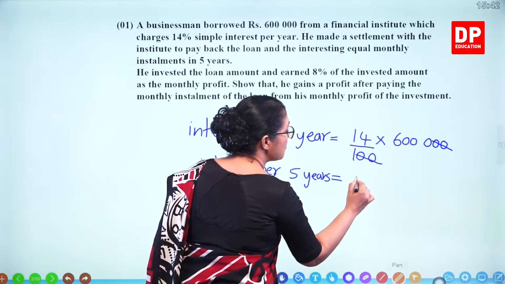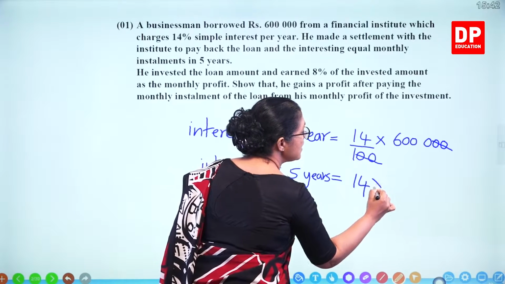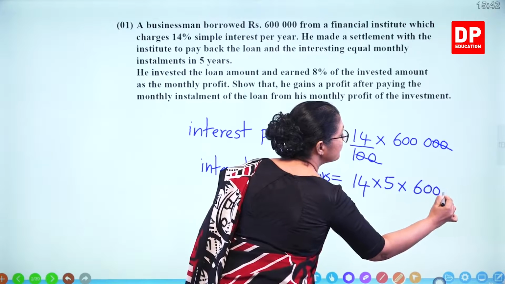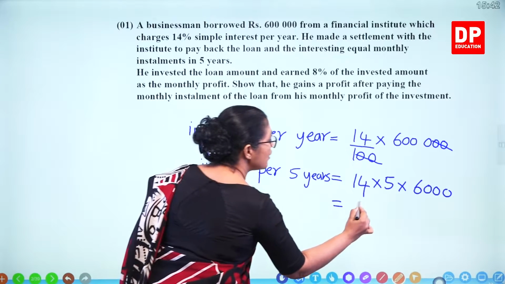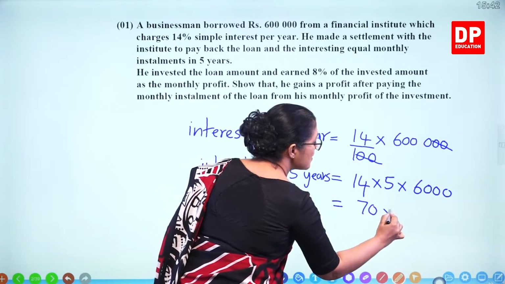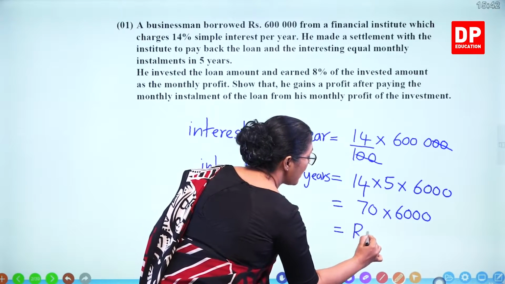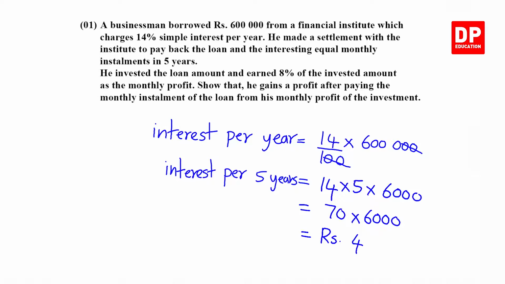So you have to multiply this by 5: 14 times 5 times 6,000. So what's the value? 70 times 6,000. You get 42 and 4 zeros, 420,000 rupees. So that's the interest per 5 years.